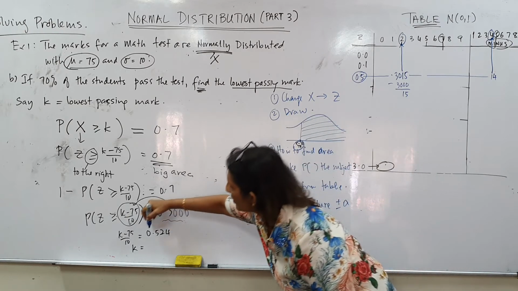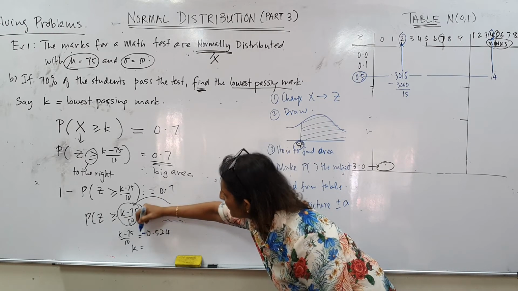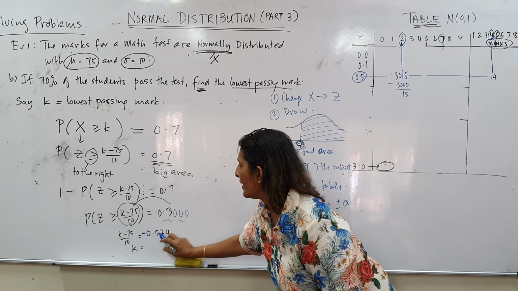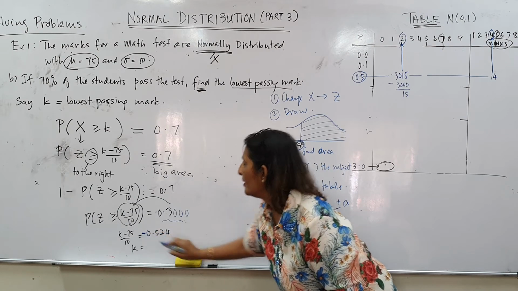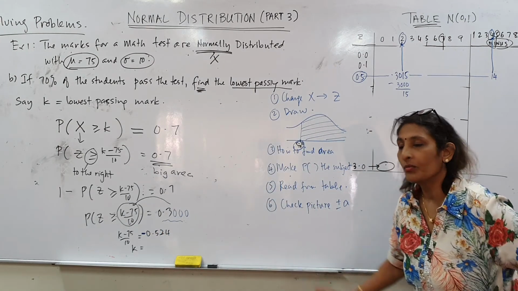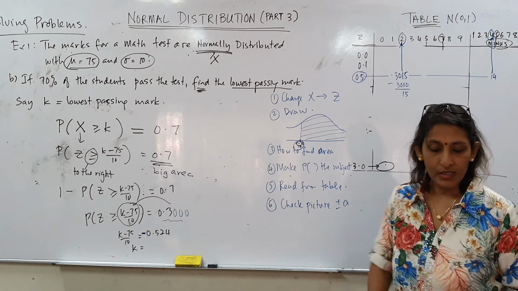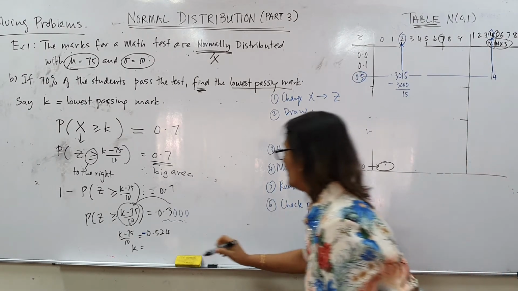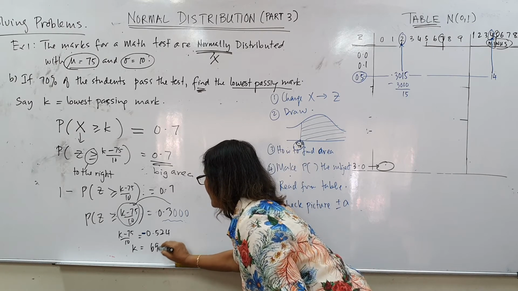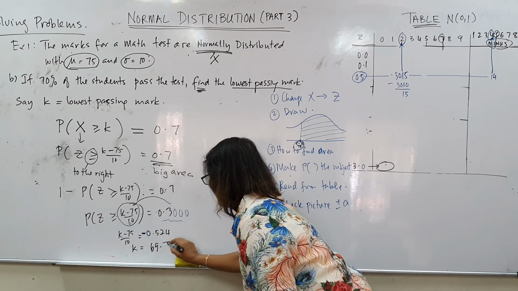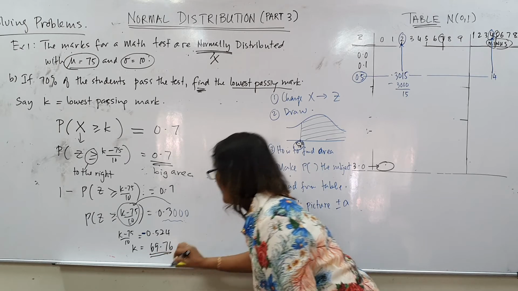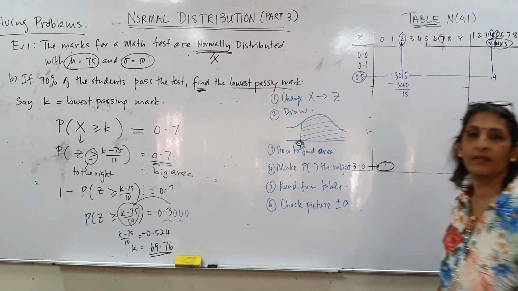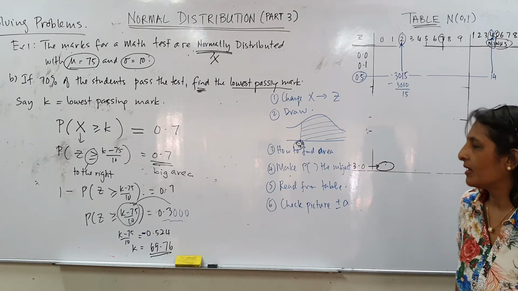So here you got to put negative 0.524. Don't forget step 6. You must always check. Now you calculate the value of K, and you finally get the lowest passing mark. It's 69.76. That's the lowest passing mark.